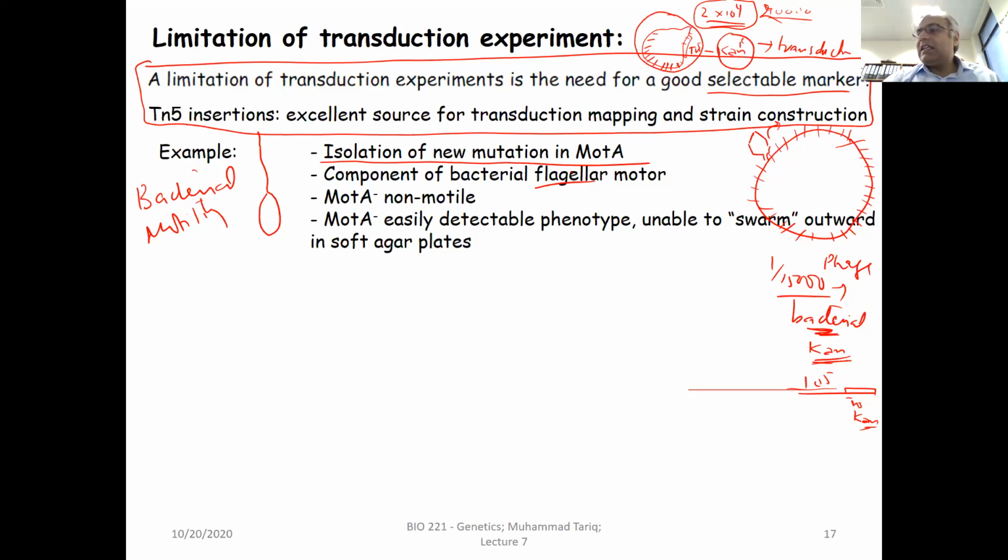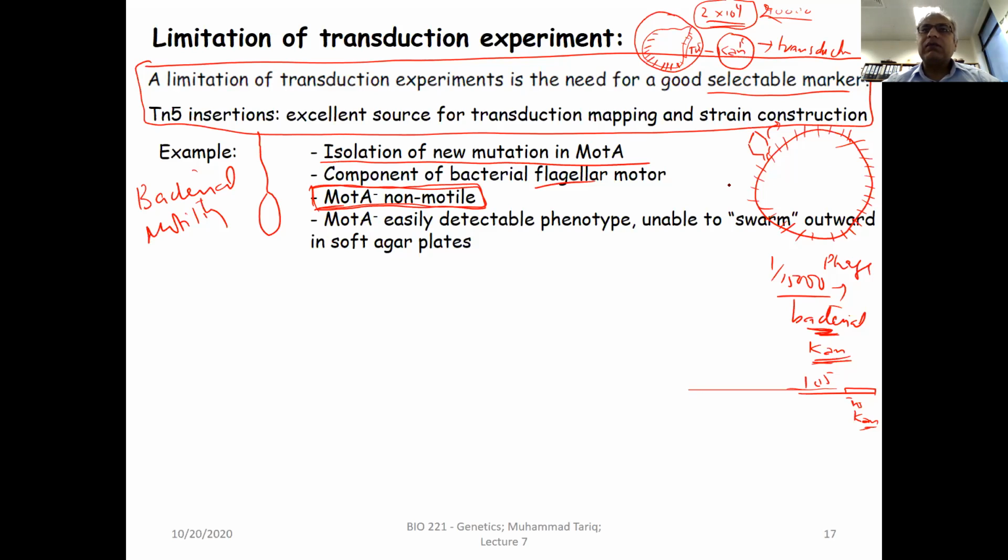And when they wanted to understand the motility, they said, okay, let's find mutants which are not motile. So the phenotype will be non-motile bacteria. This phenotype is easy to screen because these bacteria are not able to move.